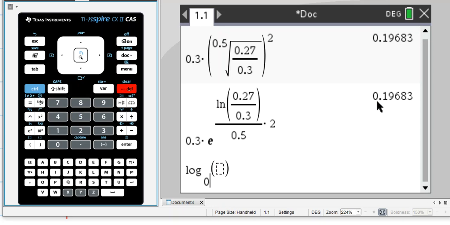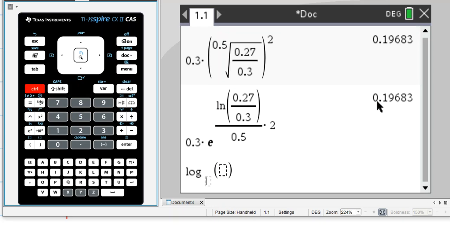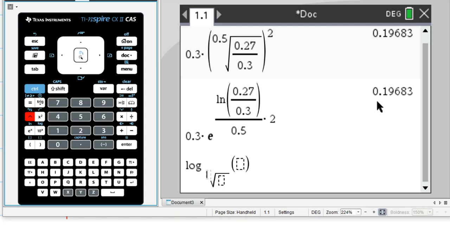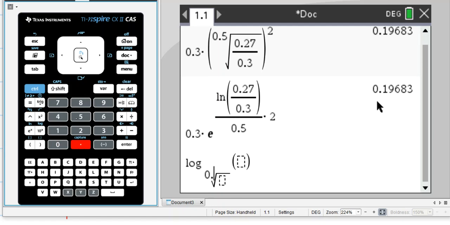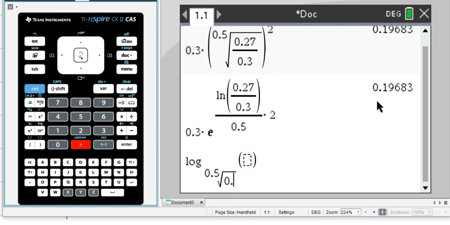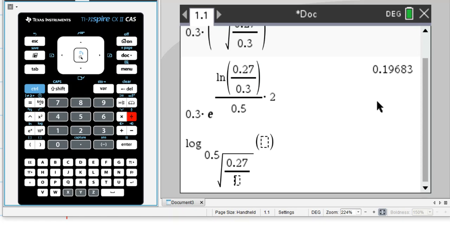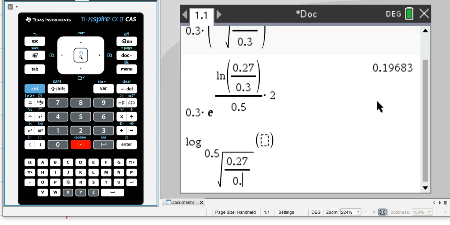We want a radical, so we'll press Control and this key. And the radical has an index of 0.5, a radicand of 0.27 over 0.3.